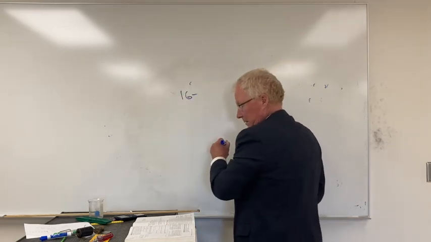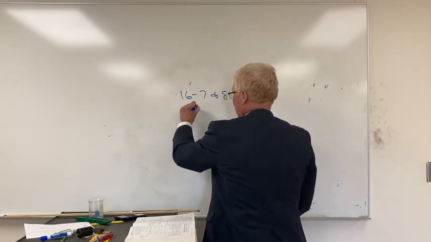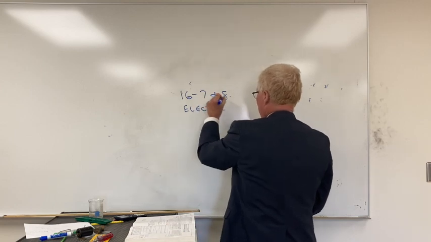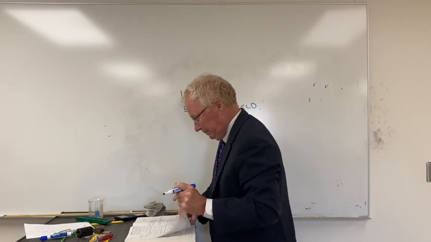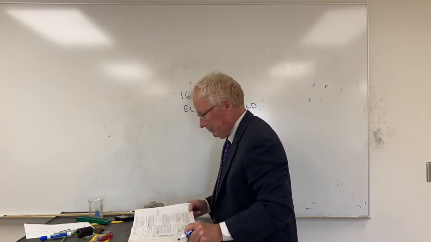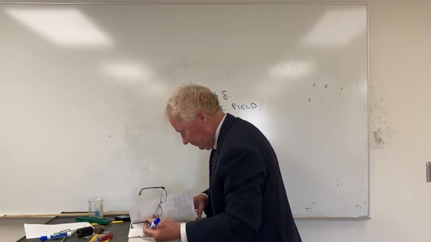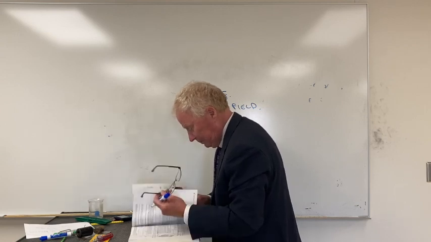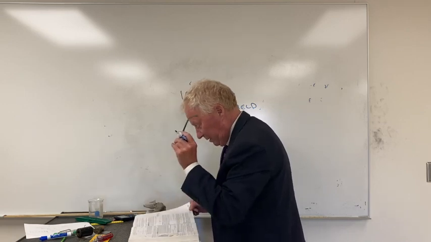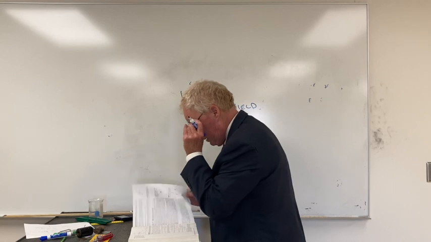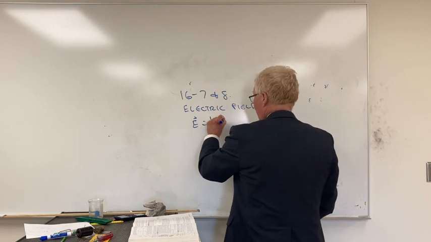16.7 and 16.8 are electric field. For the most part here, technically, E is given by KQ over R squared.